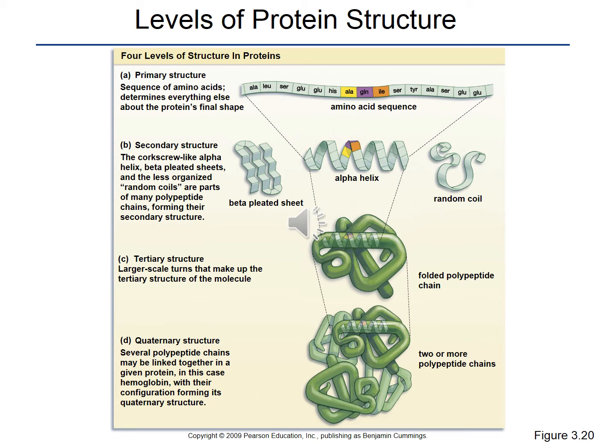So first of all, a protein begins as its primary structure. That is its sequence of amino acids. Here at the top of our slide, we've got our amino acid sequence, the three that we were just looking at, how they were put together.